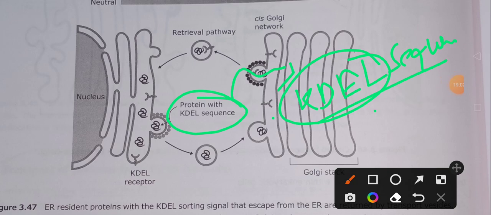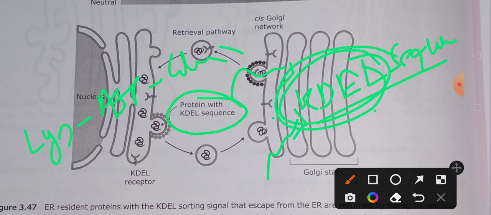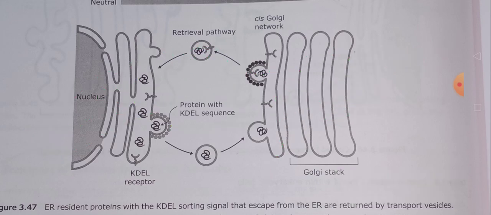So K means lysine, D means aspartic acid, E means glutamic acid, and L means leucine. So this four amino acid sequence is present in the case of resident proteins.